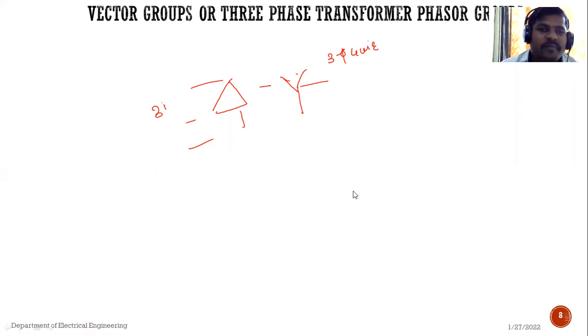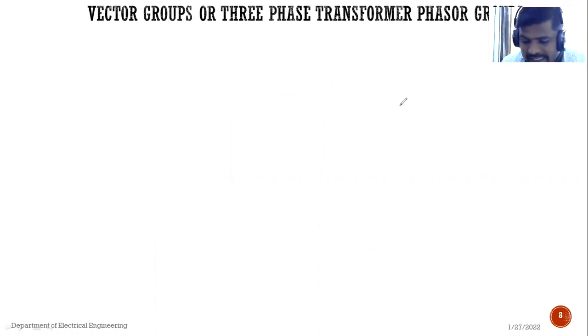See, what is meant by vector group? That means the group into which the possible 3 phase transformer can be connected, and I will tell this classification. Transformer आपण असा कनेक्ट करू शकतो.